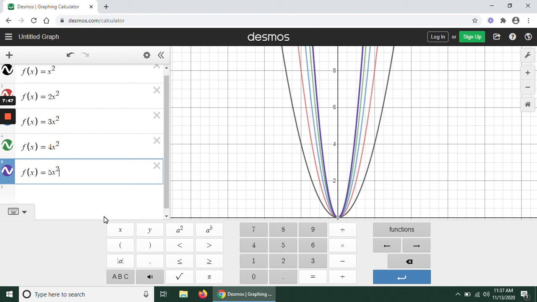I hope this analogy will help you understand why this change in the graph is called a vertical stretch.